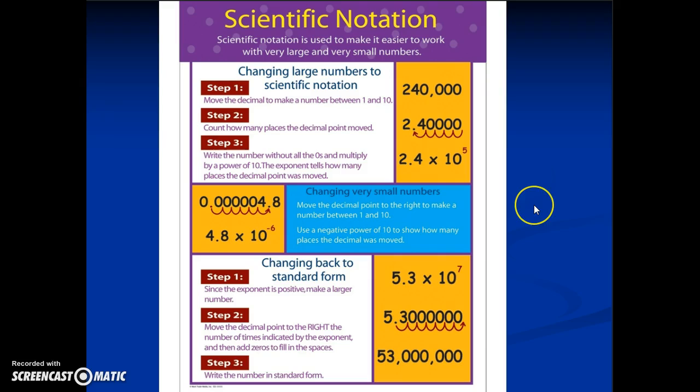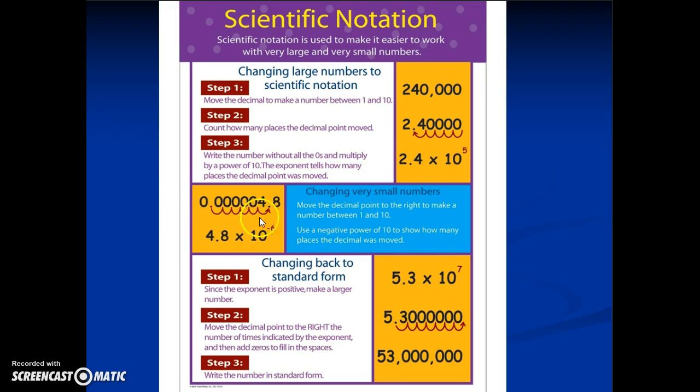Now it's also possible to write numbers smaller than 1 using this same scientific notation. So here we're writing 0.000048, and the technique is very similar.